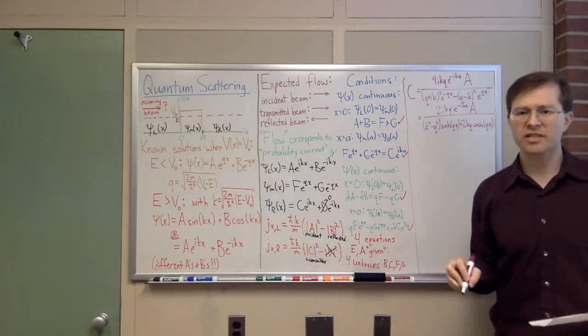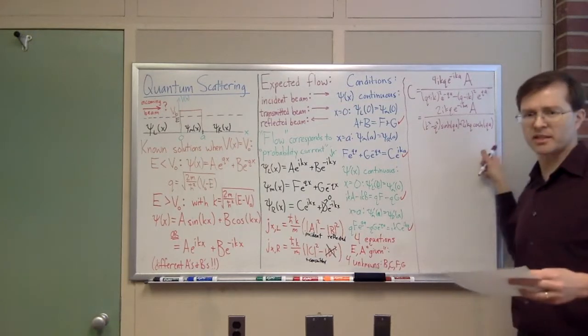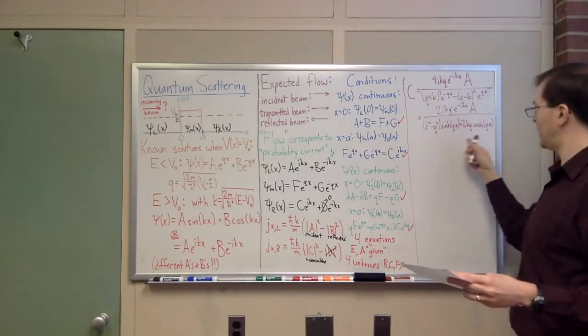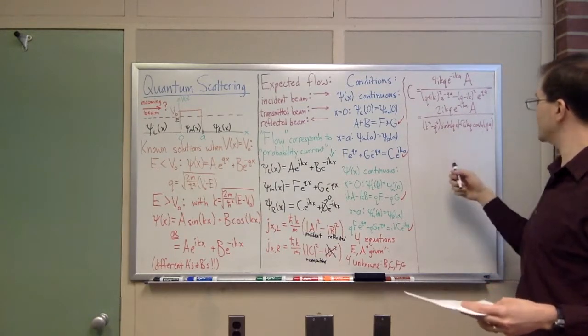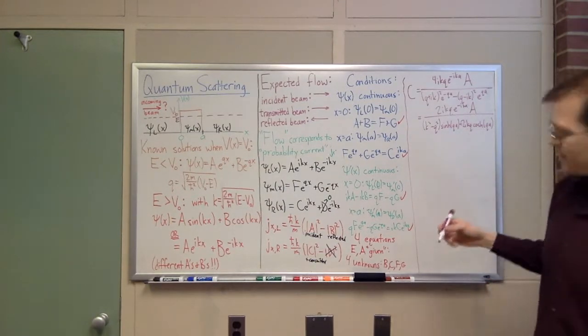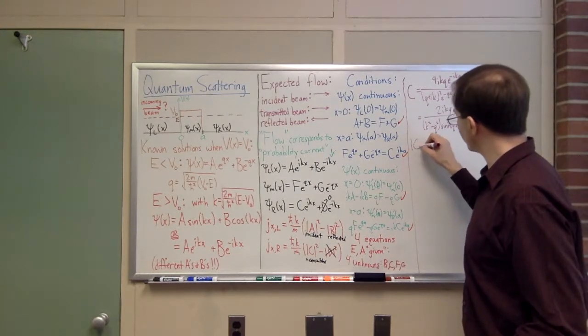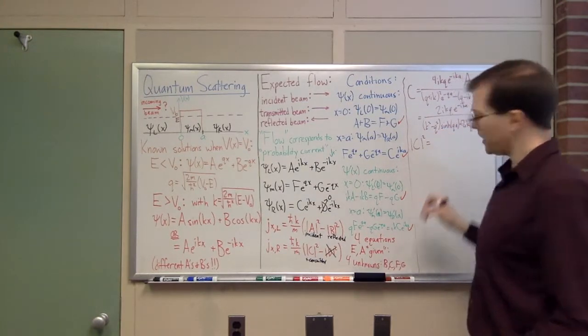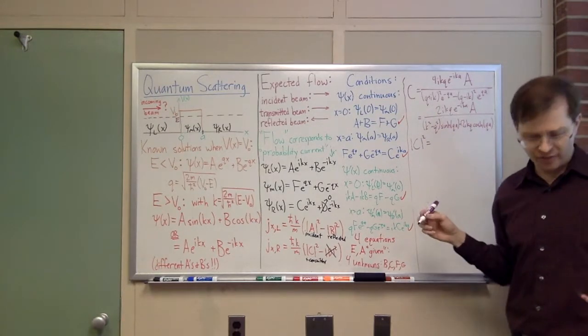Sinh and cosh are just e to the plus Qa minus e to the minus Qa, or e to the plus Qa plus e to the minus Qa, divided by 2 in either case. So this is just rearranging this thing. What that means is that the absolute square of C, if I do the absolute square of C, you get the sinh and cosh in the most natural way of expressing it.